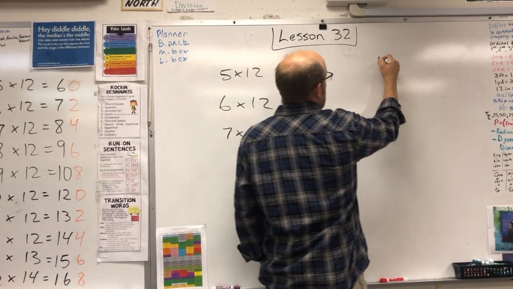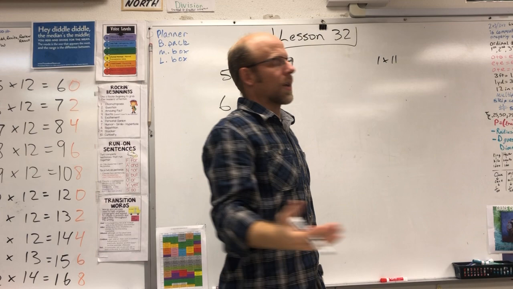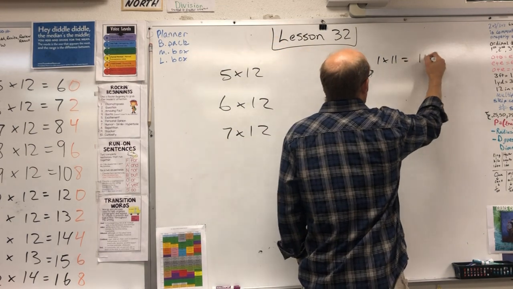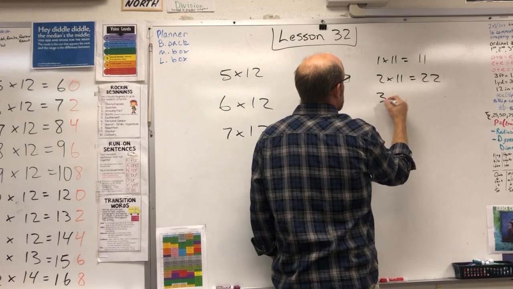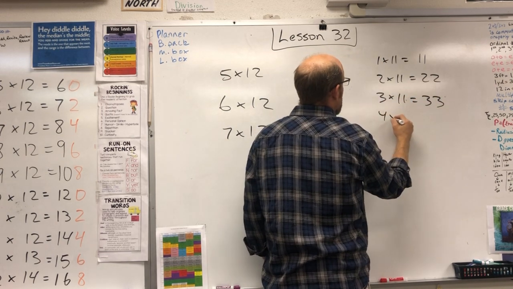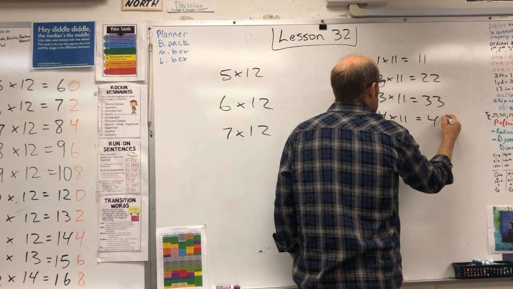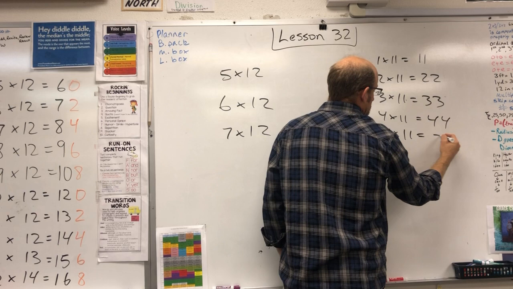So 1 times 11, remember, that's the identity property of 1. Anything times 1 is itself, is 11. 2 times 11 is 22. 3 times 11 is 33. 4 times 11 is 44. I bet you're seeing a pattern. 5 times 11 is 55.